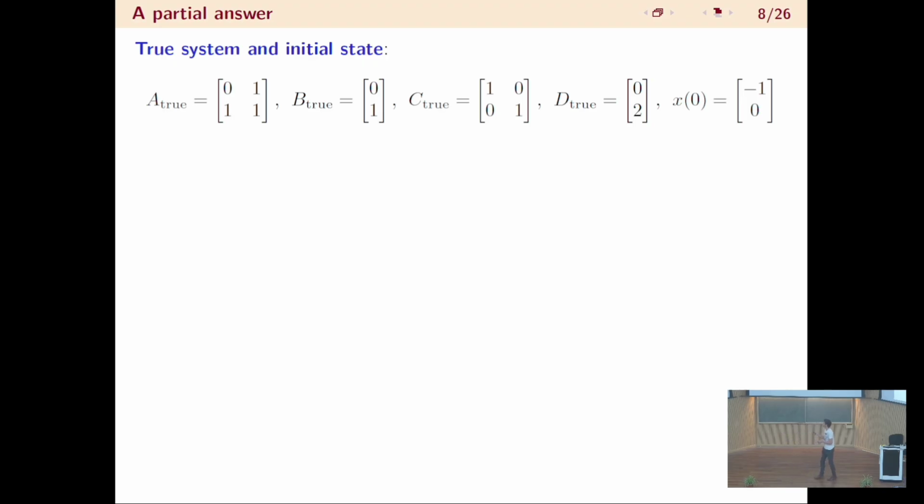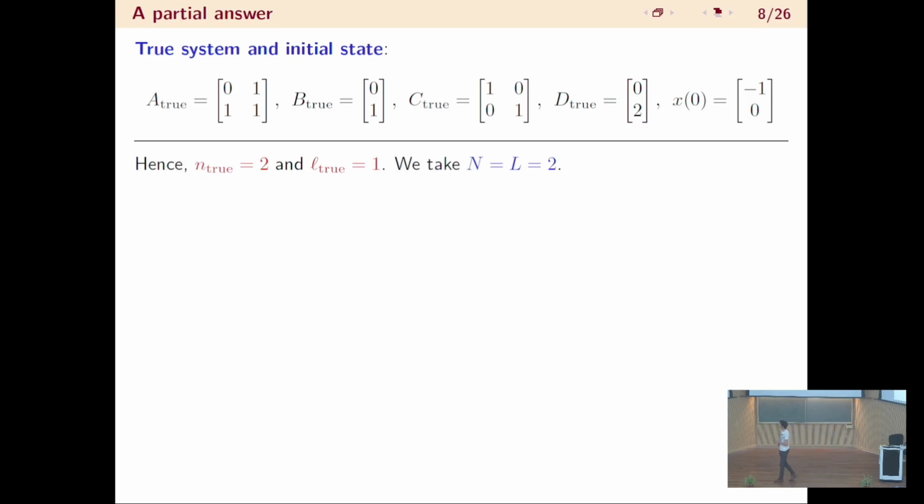Let's also consider some initial state, x0, like that. In this case, we have that n true is 2, right? We have two states. The true lag of the system is 1, in this case. And the reason is that already the observability matrix of depth 1 has full row rank.